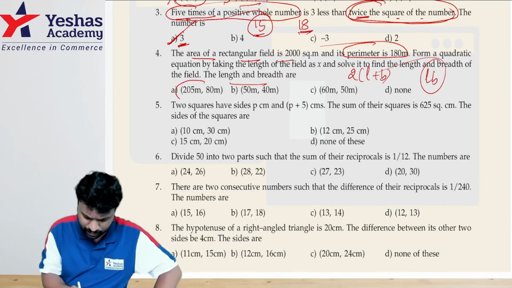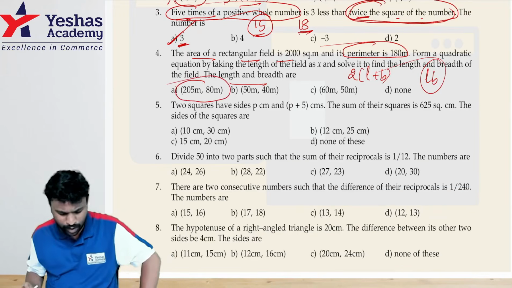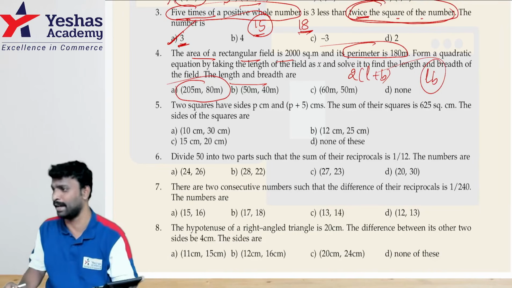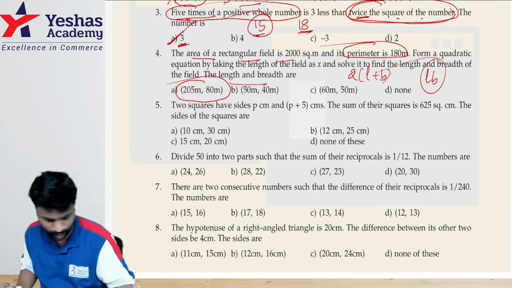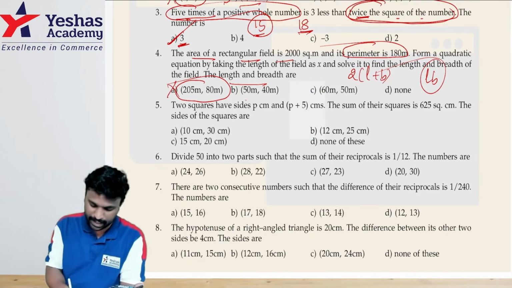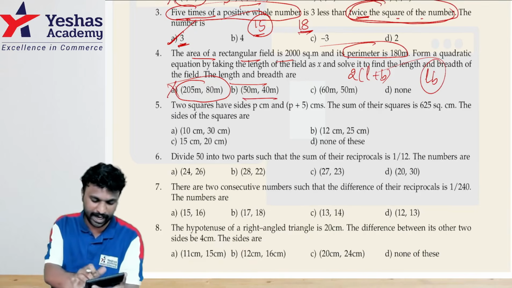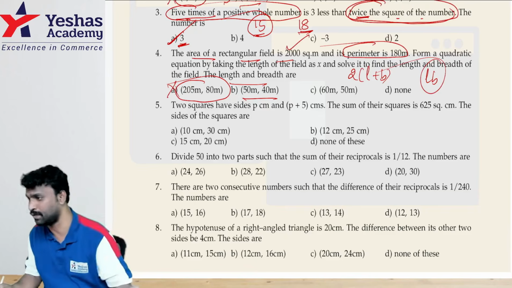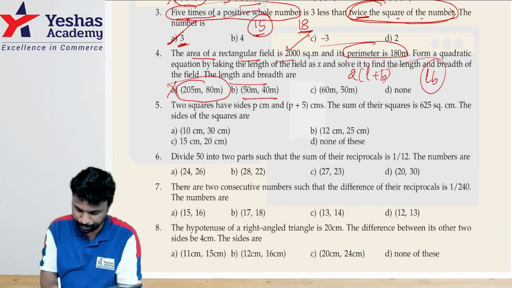If I hit the first option, 205 into 80, the area of the rectangular field will not be 2000. So option A doesn't satisfy the area. Now let's see option B. 50 into 40, area 2000 square meters, it satisfies. And how about the perimeter?